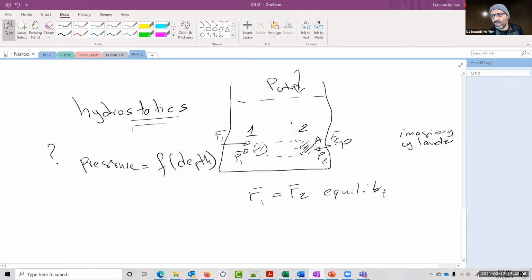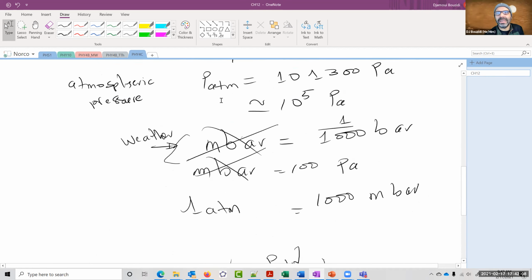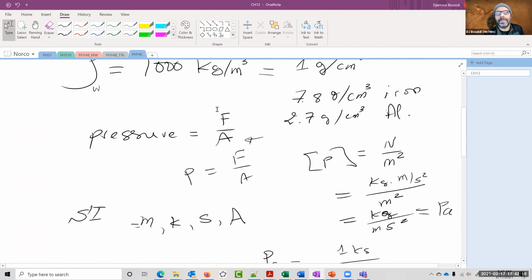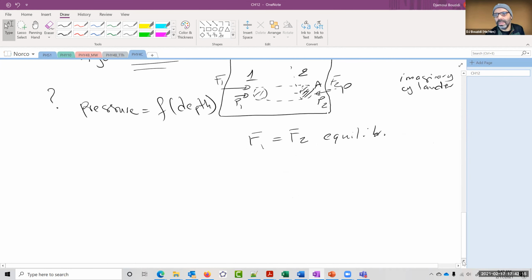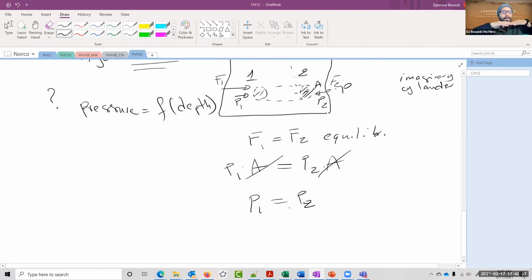I define the pressure as the ratio of force over area, so the force is pressure times area. On side 1, it's the pressure P1 times the area, and it's the same area, by the way, because it's a cylinder, equal to the pressure on the other side times the same area. Cancel the area from both sides, and the two pressures must be equal. So in the case of hydrostatics, the pressure on the same level is the same.